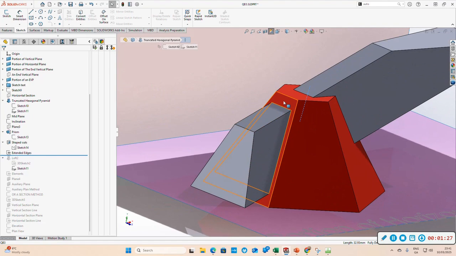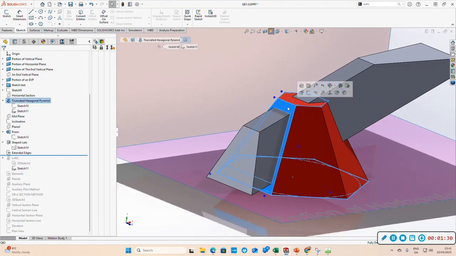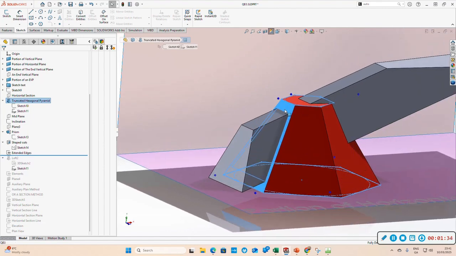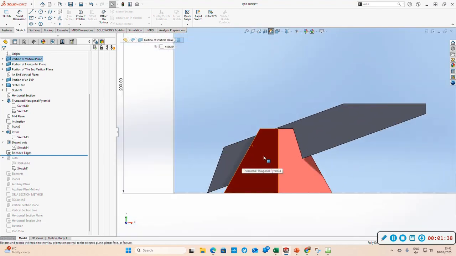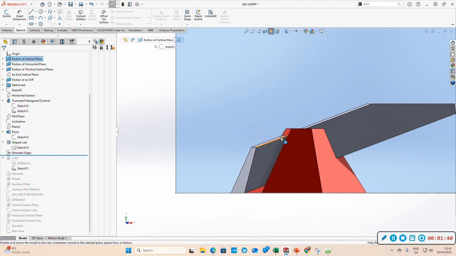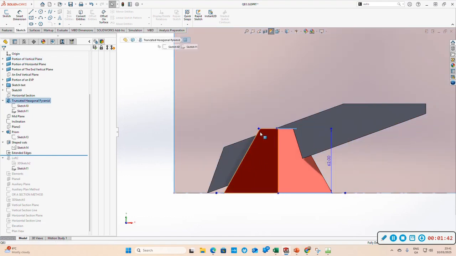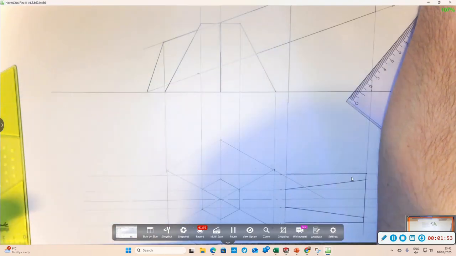Now let's start with the left hand side, right? One face of the pyramid, where the prism meets the pyramid on the left hand side, the face of the pyramid projects as an edge view in elevation. Look, it just projects as a line. So that's very handy. So points on the lines of intersection are right here in elevation, and we bring them down to the edges of the prism.